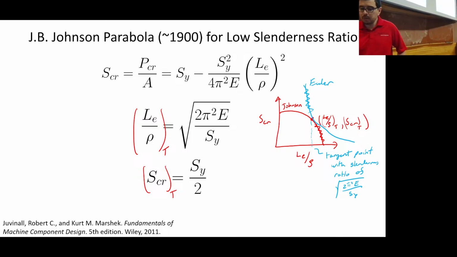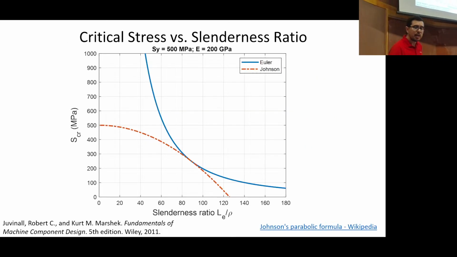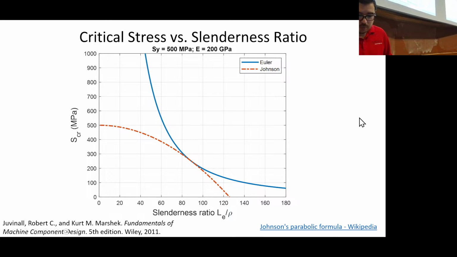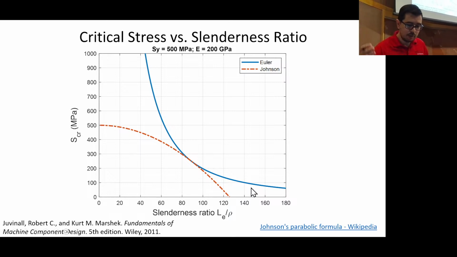I plotted this in MATLAB a couple days ago. Just to make sure that things work out, and also to show the trade-off: let's say the yield strength is 500 megapascals for the material, so the tangent point is around 250.